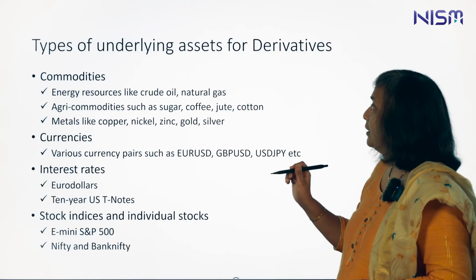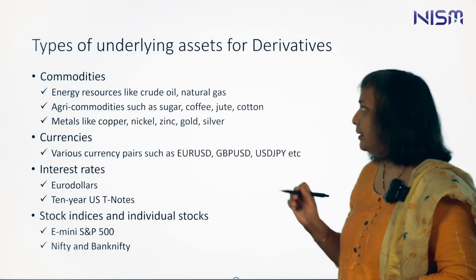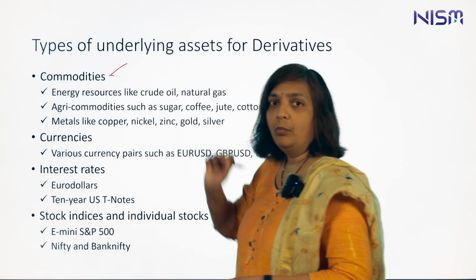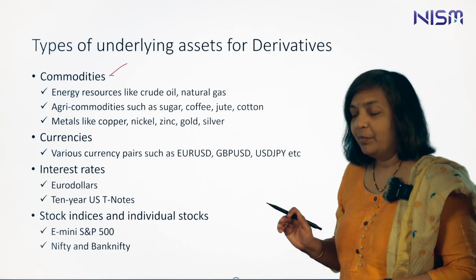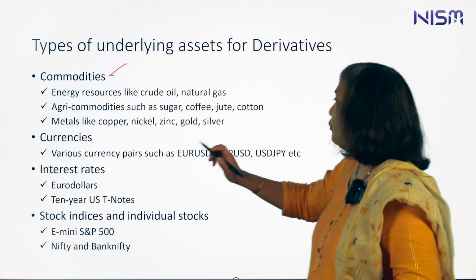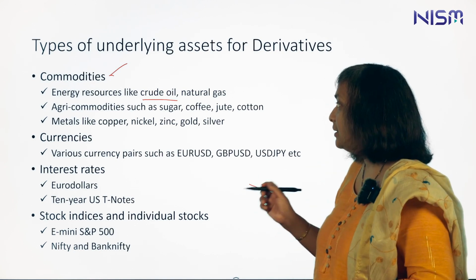So, what are the different types of assets on which derivatives can be traded? The first and the oldest type of contract is on commodities. Derivatives are today available on different kinds of commodities. For example, energy. So, we have derivative contracts on crude oil, natural gas, on electricity.